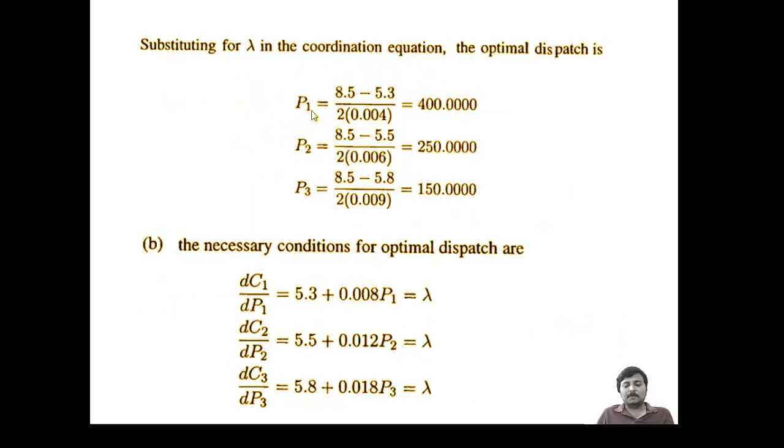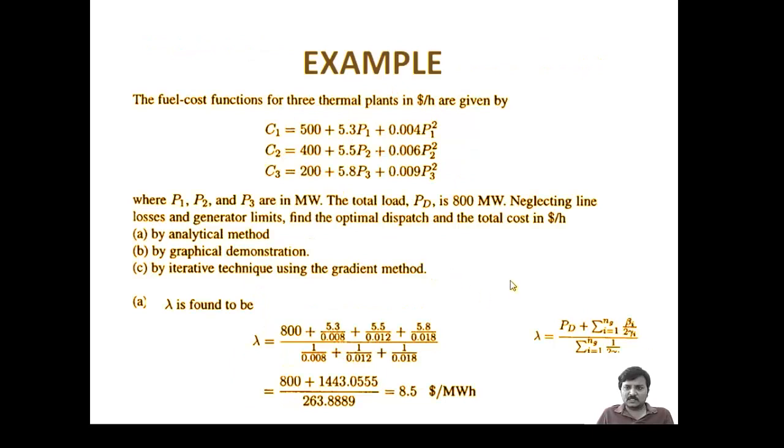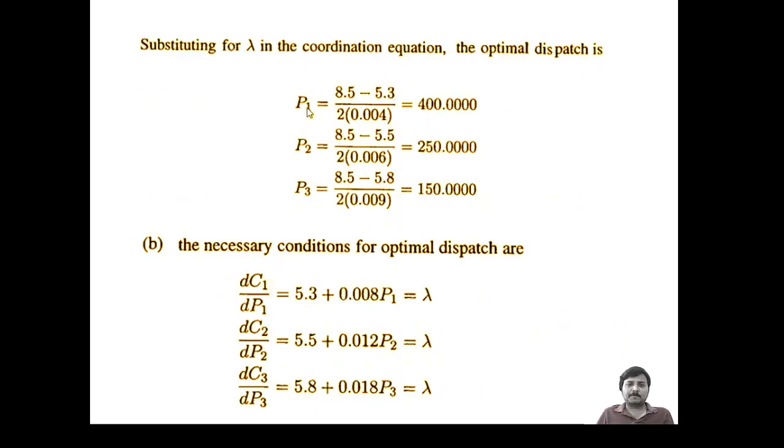P1 is equal to lambda 8.5 minus the first generator's beta 5.3, divided by 2 gamma 0.04, which gives 400 megawatt. P2 is equal to 8.5 minus 5.5, divided by 2 into 0.006, which is 250 megawatt.